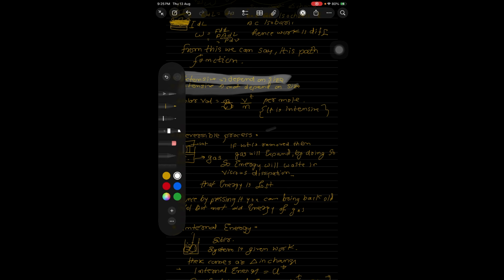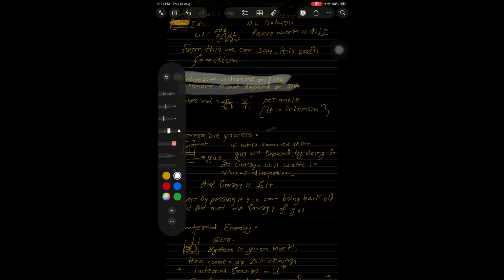I took some amount of water from that bottle and I see the density is still the same. Whether I take the whole bottle or just a spoon of water, density is the same everywhere, irrespective of the size. So the things which are not affected by the size or change in the size are called intensive properties.